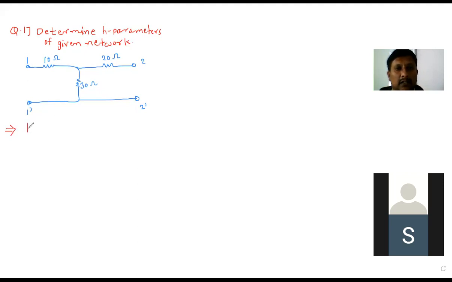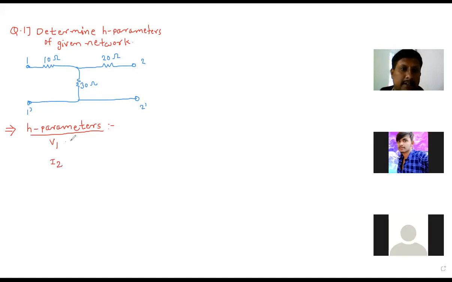So the H parameters we are going to find out. Note down the name of the parameters we are asked to find. Now write the H parameter equations. The dependent variables are V1 and I2, so the independent variables are I1 and V2.